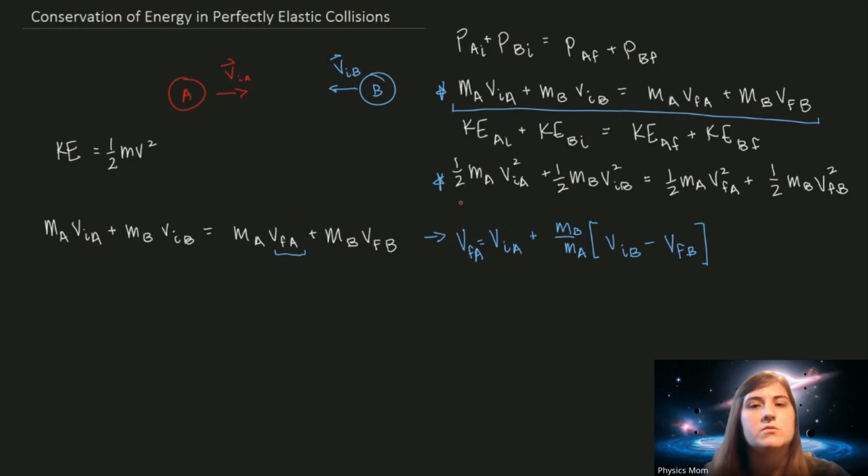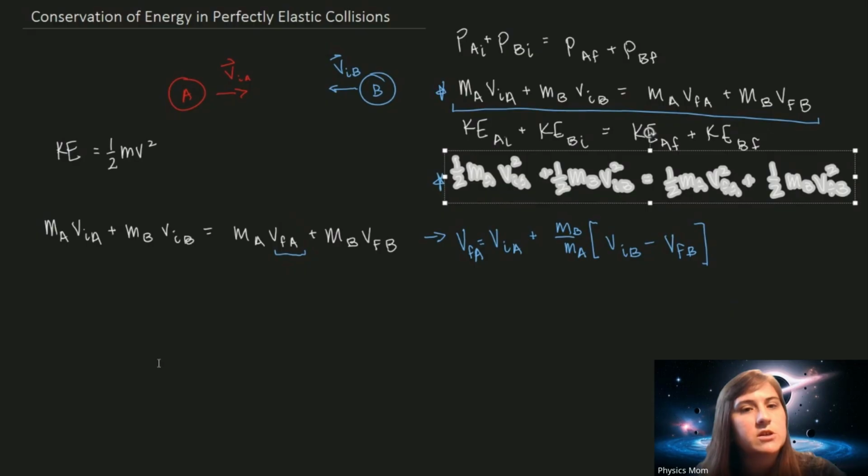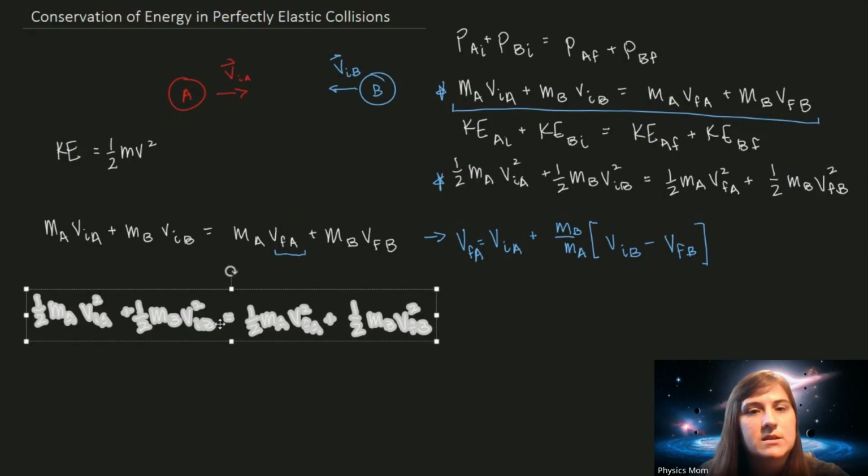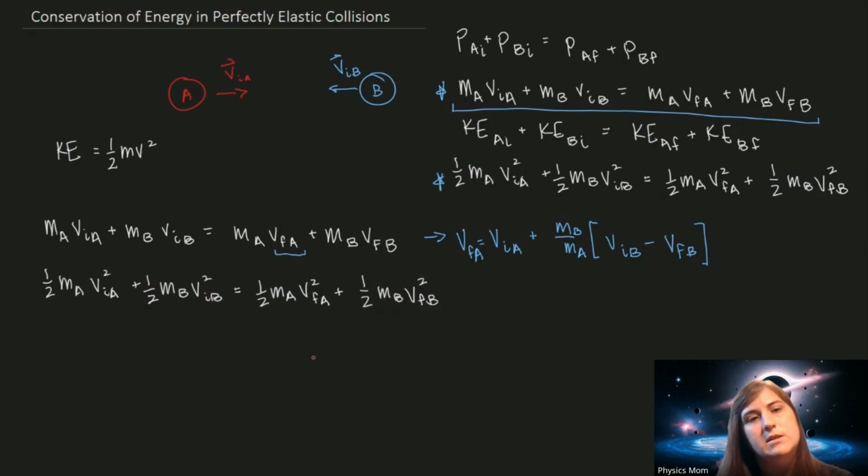Conservation of energy also needs to hold as well. So I'm going to take the conservation of energy equation to create my second equation. All the 1/2 terms cancel out the way I'm setting it up here. Don't think that you can always cancel the 1/2 term out; the way I'm doing it, it can cancel out.